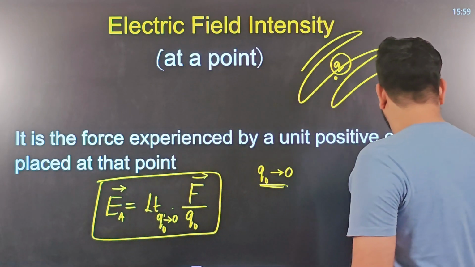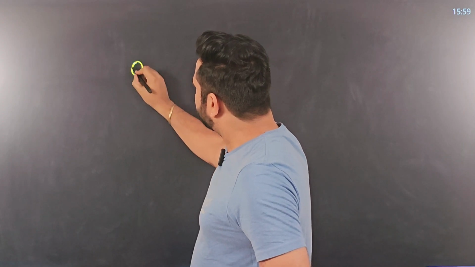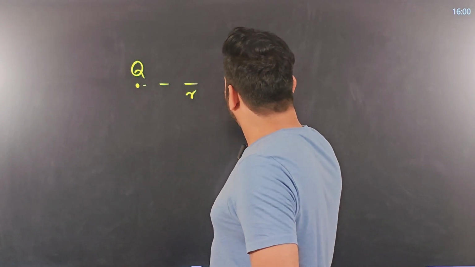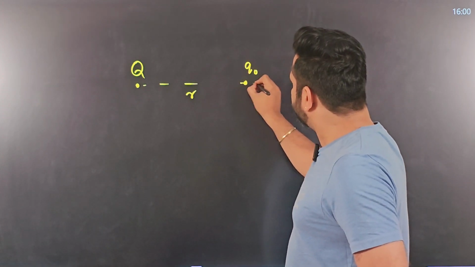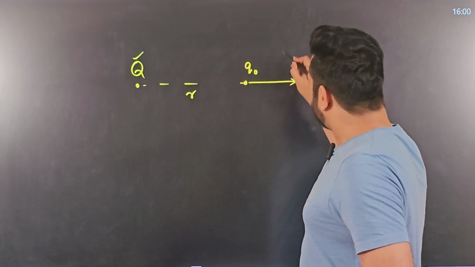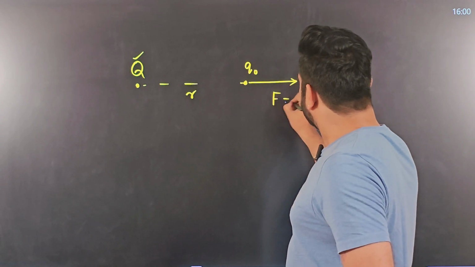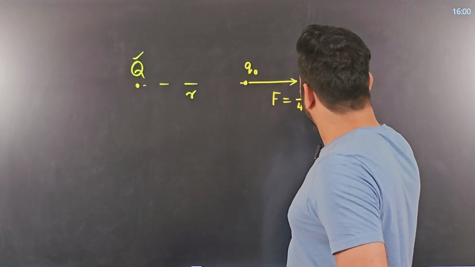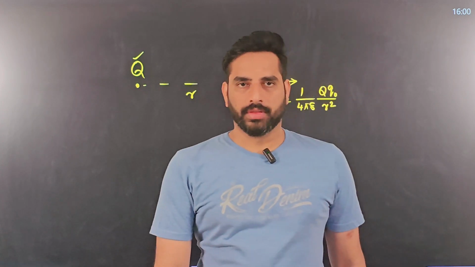Let us apply the same definition to derive the electric field created by a positive point charge Q at a distance r. So what we do is bring a test charge and find the force experienced by it. Because Q is a positive charge and Q naught is also a positive charge, there is a force of repulsion on Q naught, and that force is 1 by 4 pi epsilon naught, Q times Q naught by r square, by Coulomb's law.